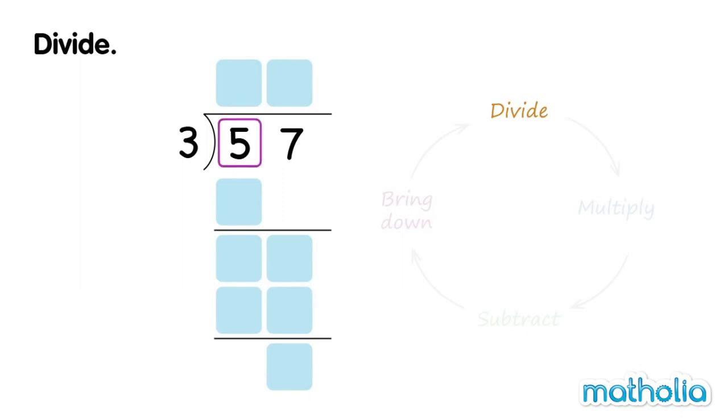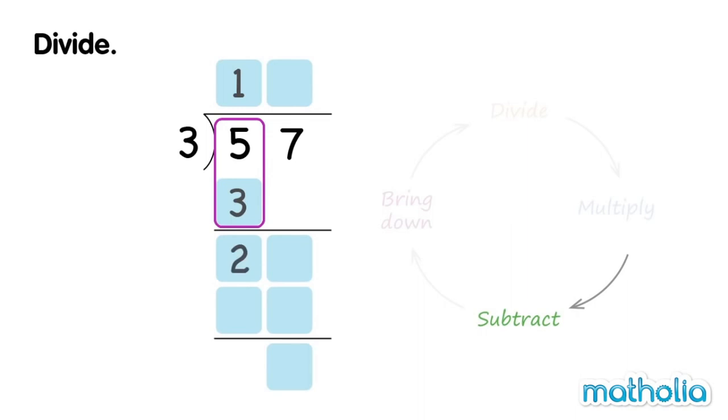Let's divide the tens. 5 tens divide 3 gives a quotient of 1. We write the 1 in the tens column at the top. Next, we multiply. 1 10 times 3 equals 3 tens. Now we subtract. 5 tens minus 3 tens equals 2 tens.